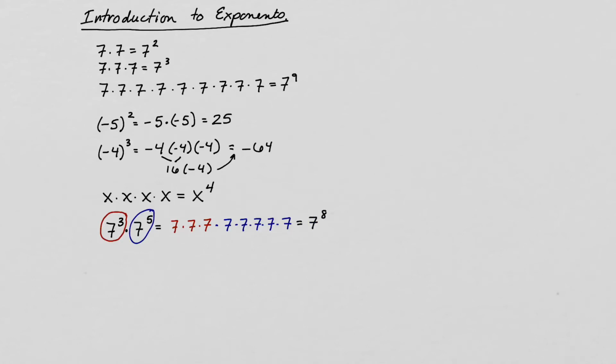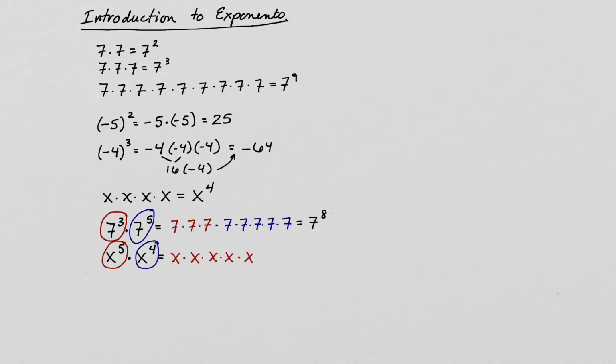And the same thing would happen if I had x's. If I had x to the 5th times x to the 4th, that would mean this first part here is saying I have 5 x's, x times x times x times x times x.